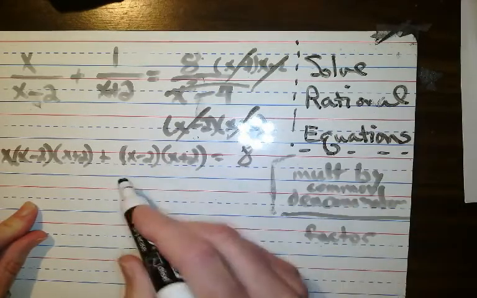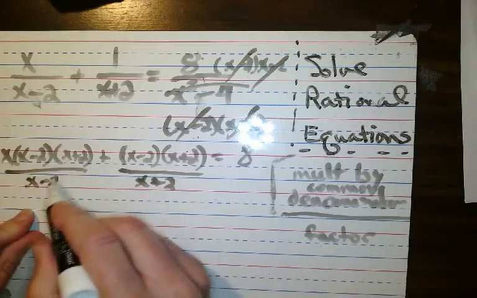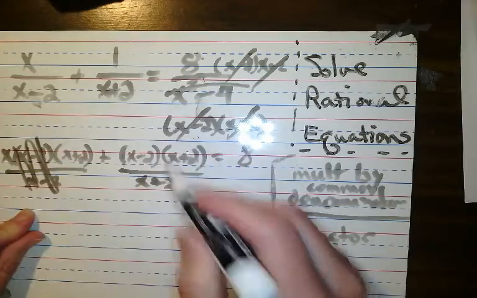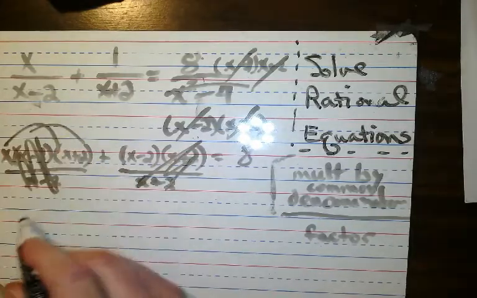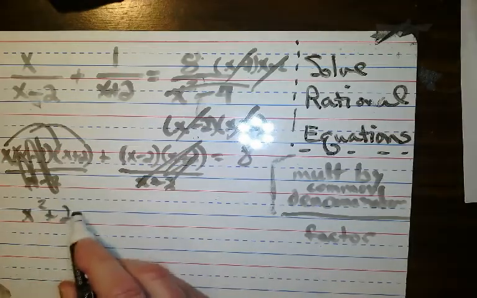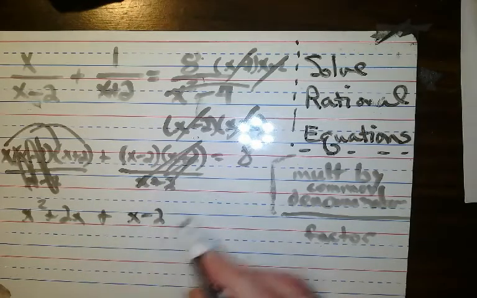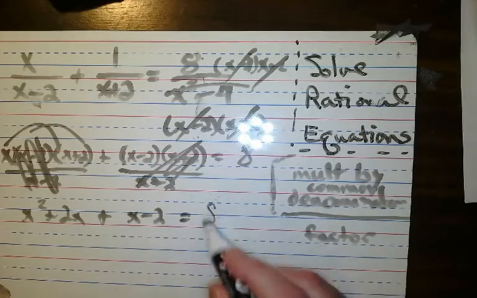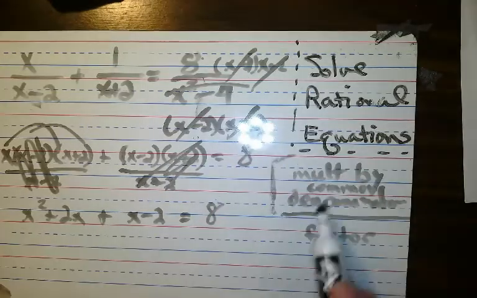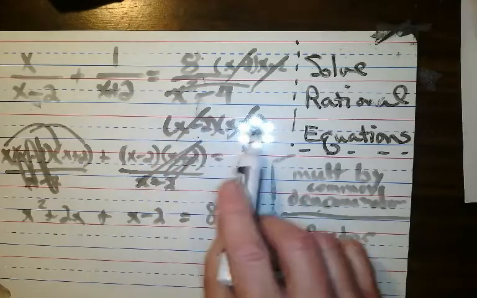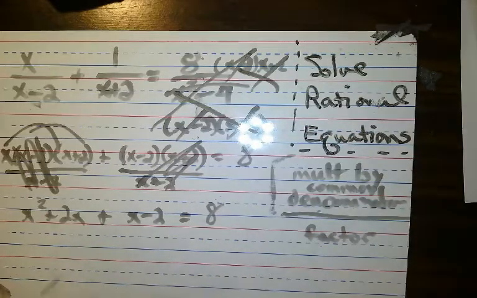This one has an x plus 2, this one has an x minus 2, so those cancel out. What's over here? x times x plus 2, that's x squared plus 2x, plus x minus 2, equals 8. The whole denominator's gone. All that's left is 8.